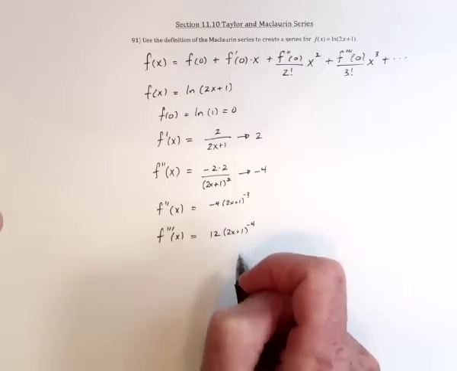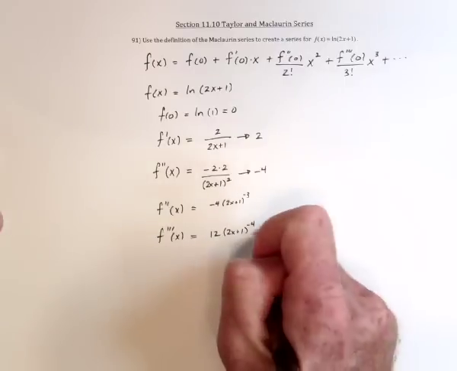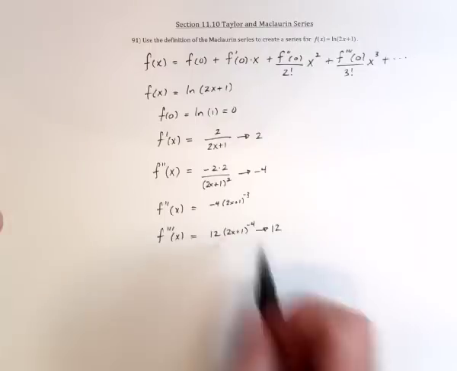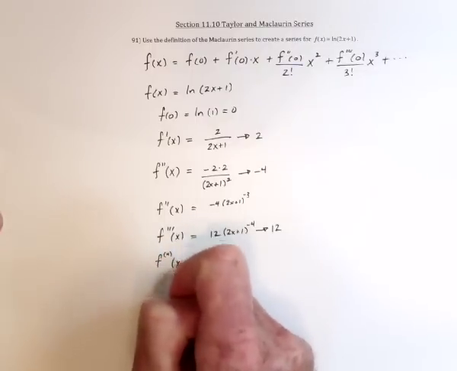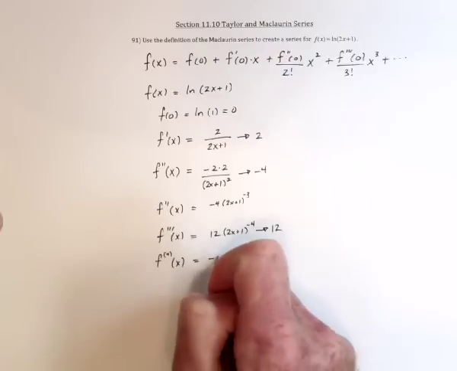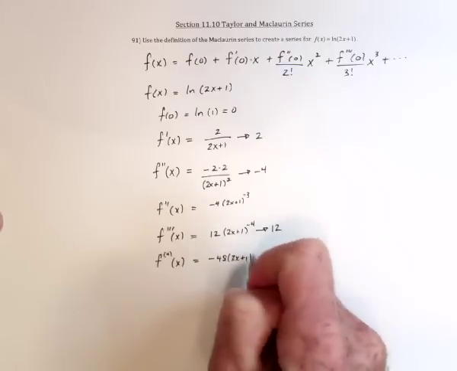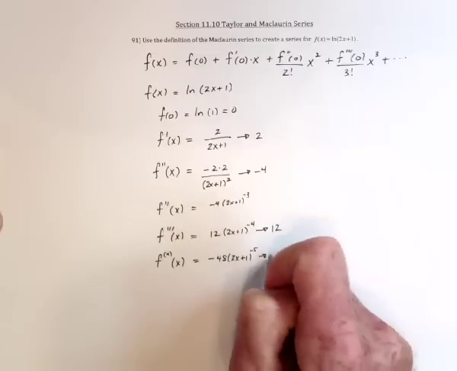And then if x equals 0, this is going to be just a 1, so it's 12. Actually, having it in this form makes it easy to take the derivative, so then the fourth derivative is going to be negative 48, and then 2x plus 1 is to the negative 5. When x equals 0, that's going to be just negative 48.